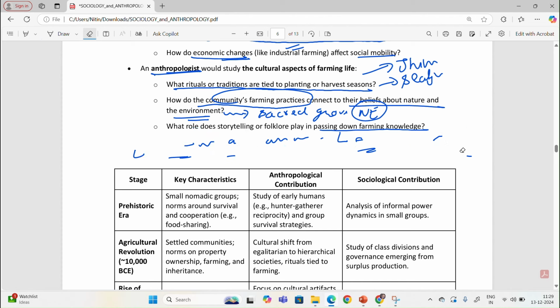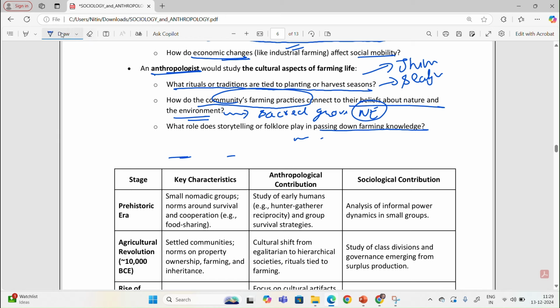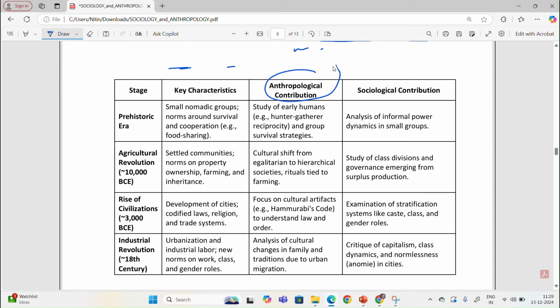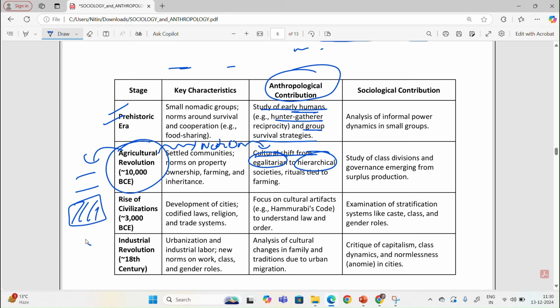Typically these things are what an anthropologist would study. We won't go into much detail on anthropology, but just know that it would study the prehistoric era, and you can make passages on this: the study of early humans, hunter gatherers, group survival strategies, then the agricultural revolution, how it led to the making of nations, and then how nations led to a cultural shift from egalitarian to hierarchical, because once you had a king, you had bureaucracy, you had landowners, then you had slaves working for these owners.